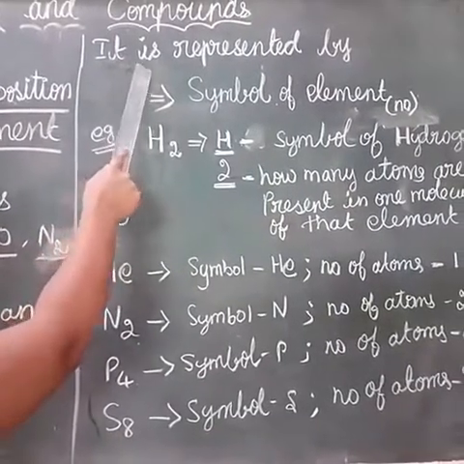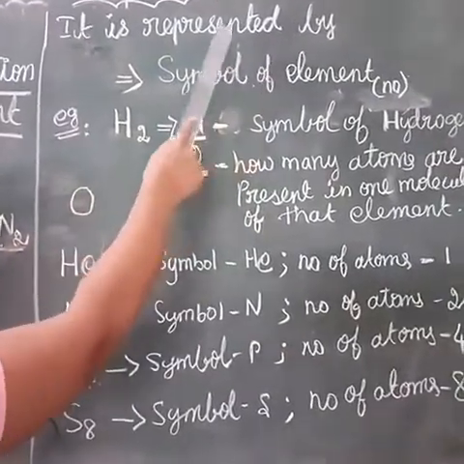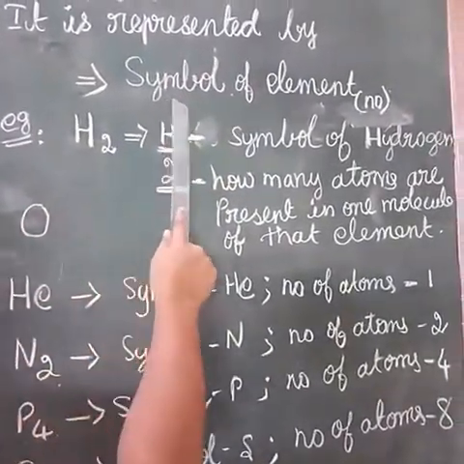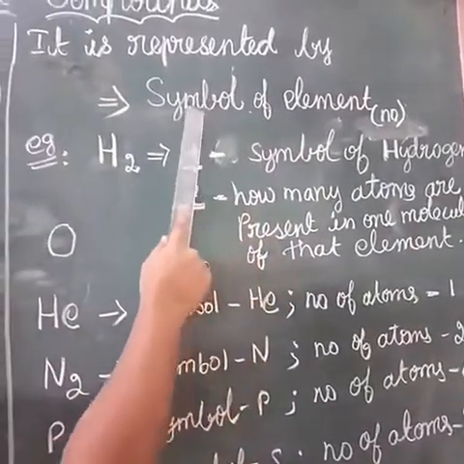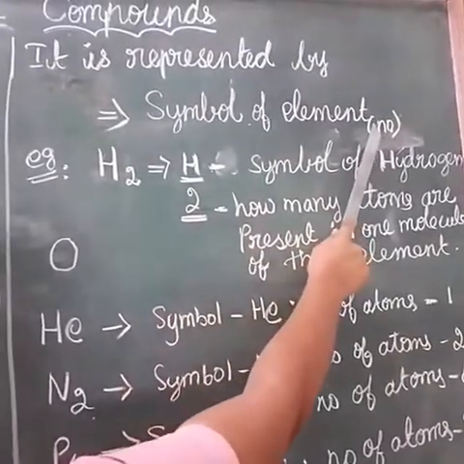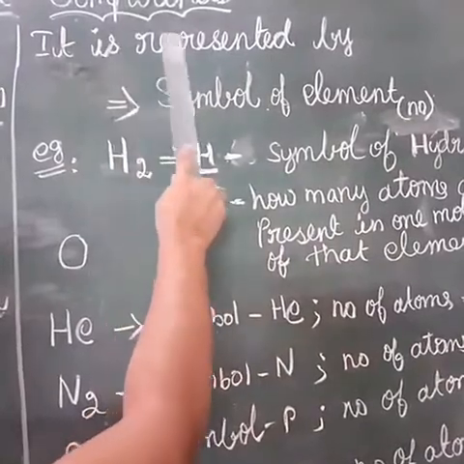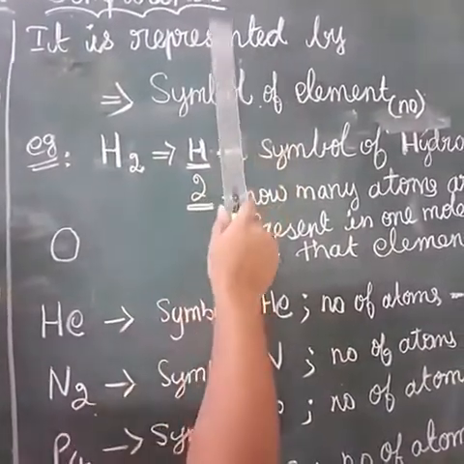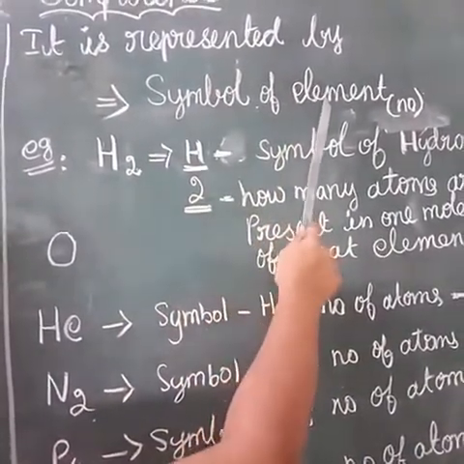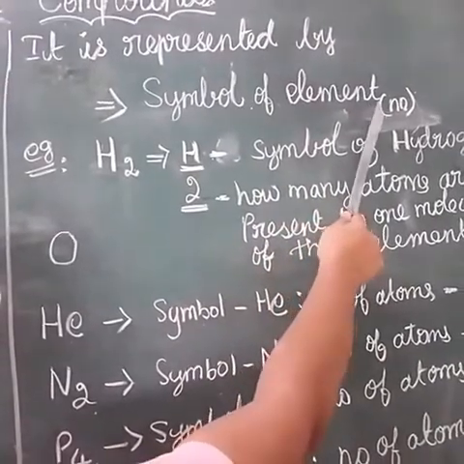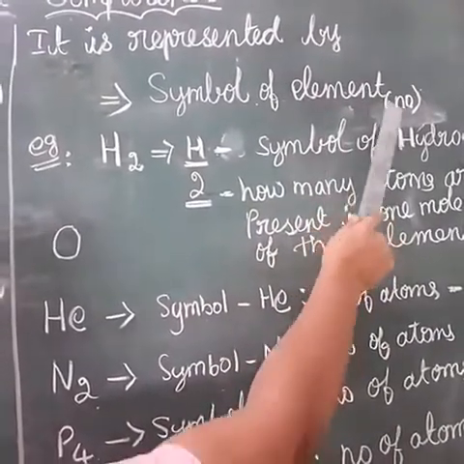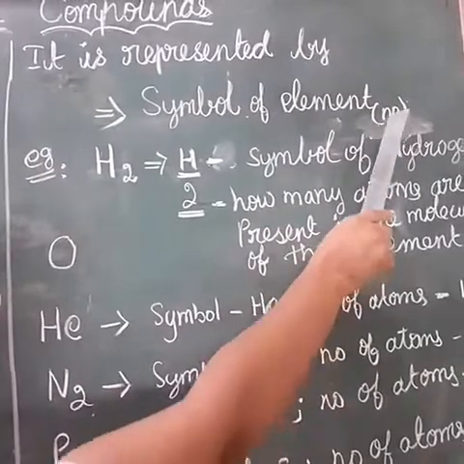The molecular formula is represented by writing the symbol of the element followed by a number as subscript. What is subscript? Written below the line.